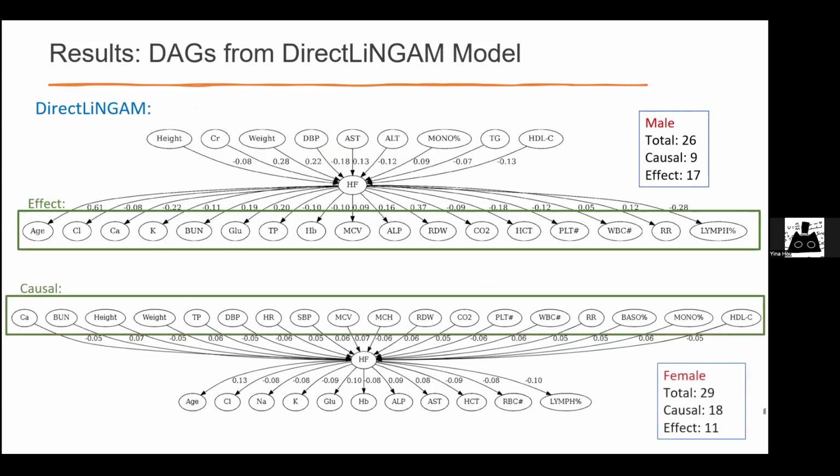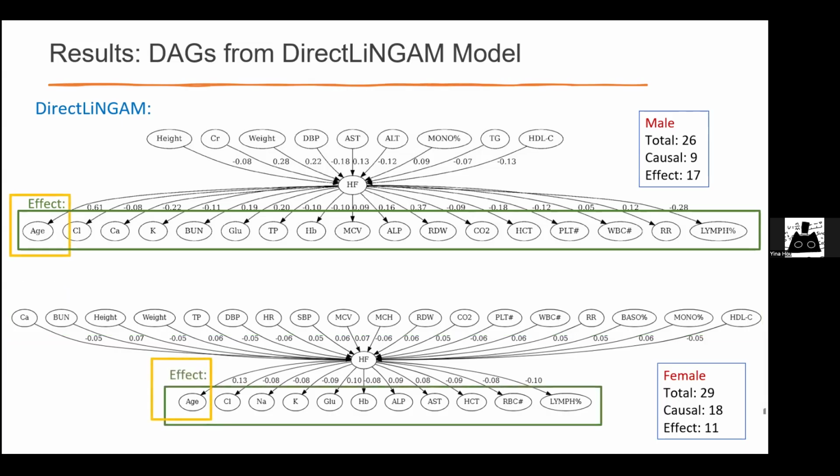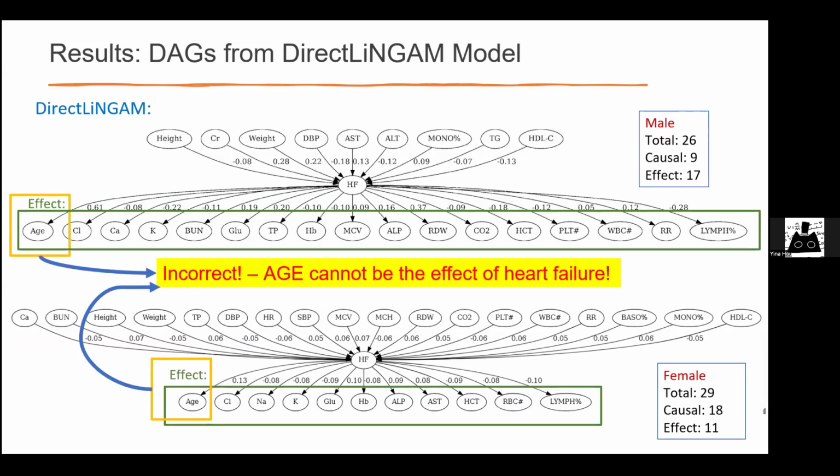And for the female dataset, a total of 29 features show causal relation. 18 features cause heart failure. 11 features are effects of heart failure. For both of them, age appears as an effect feature, which is incorrect based on common knowledge.